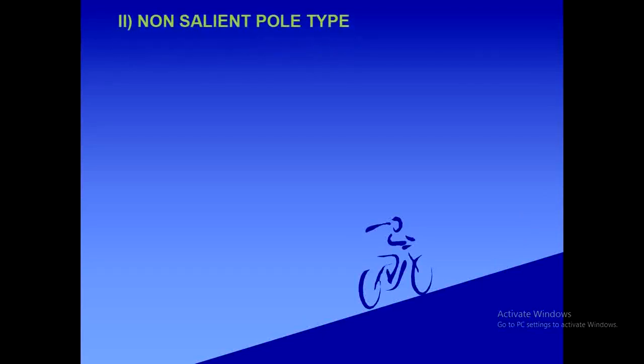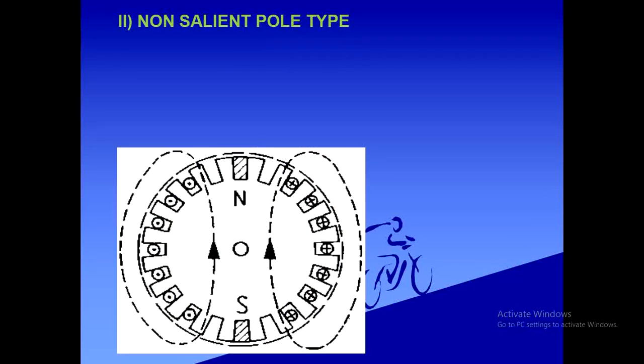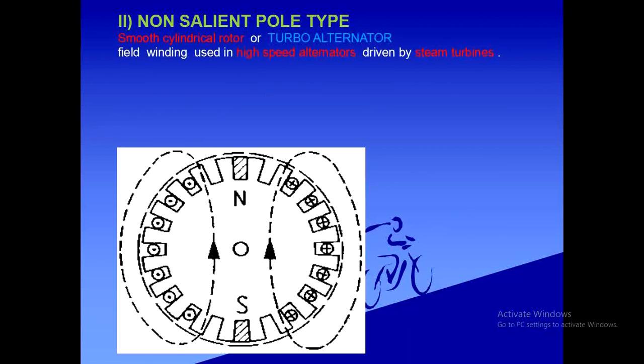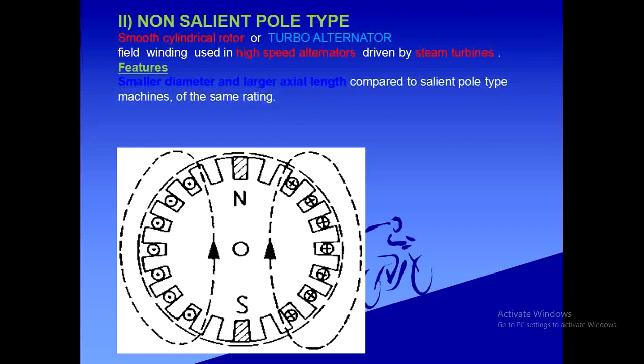Now, the non-salient pole type alternator has a smooth cylindrical rotor, or turbo alternator, and its field winding is used in high speed alternators, which are generally driven by steam turbines. Some features of the non-salient pole type are smaller diameter and larger axial length, and less windage loss.